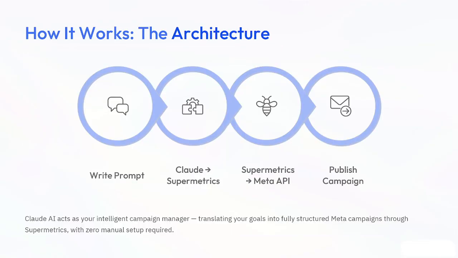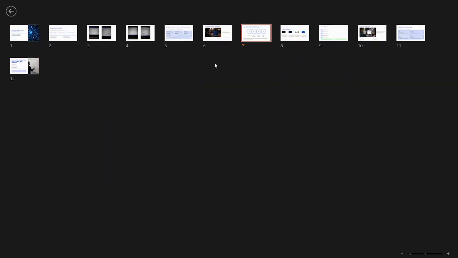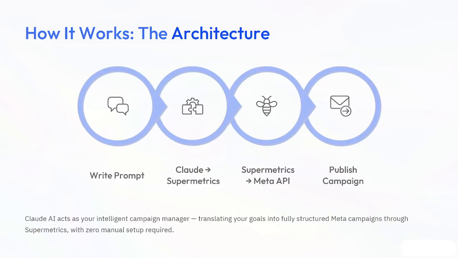Okay, so let's go ahead and see how it works. Let's understand what's happening behind the scenes. There are four steps you have to understand. First of all, you write a prompt inside Claude AI. Second, Claude understands your business objective. Simple. Third, Claude sends the structured campaign information to Supermetrics. Supermetrics is the connector I just told you about, which you have to add in your Claude.